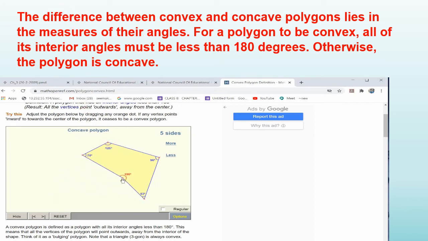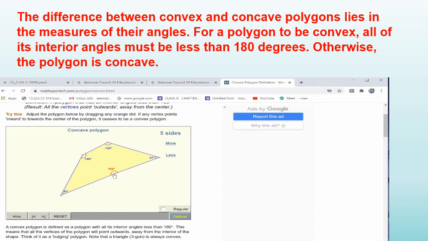Now see, this is concave. Why? The angle has become more than 180 degrees. It has become 196 degrees. So a convex polygon can be defined as one with all its interior angles less than 180 degrees. You drag any of the vertices.